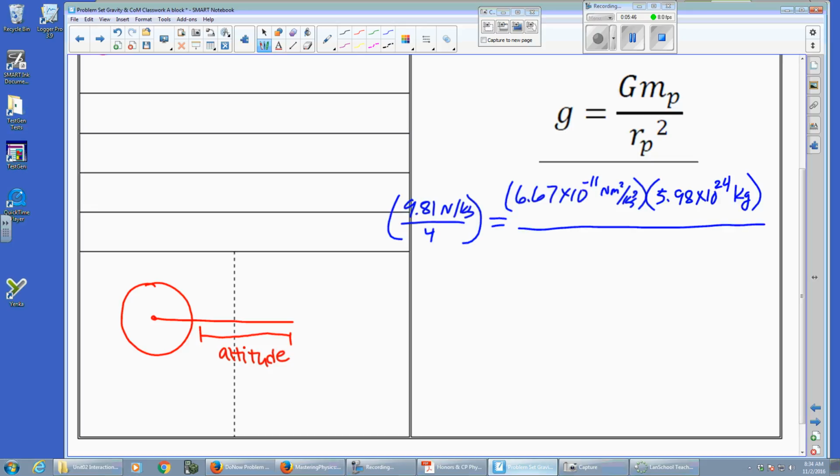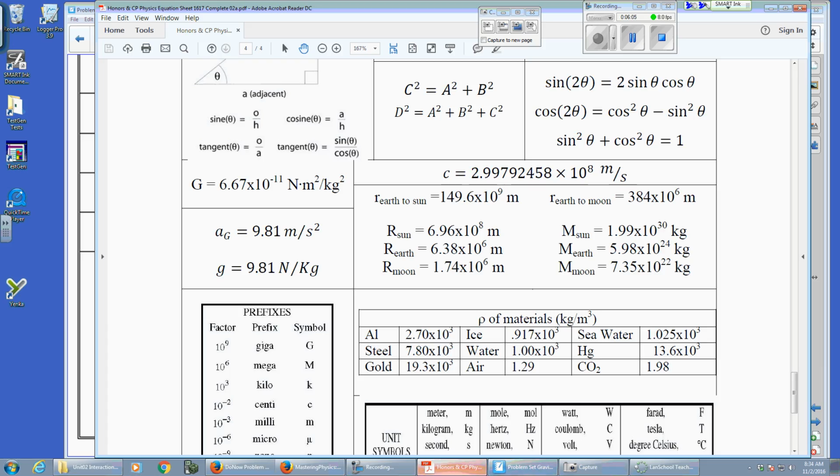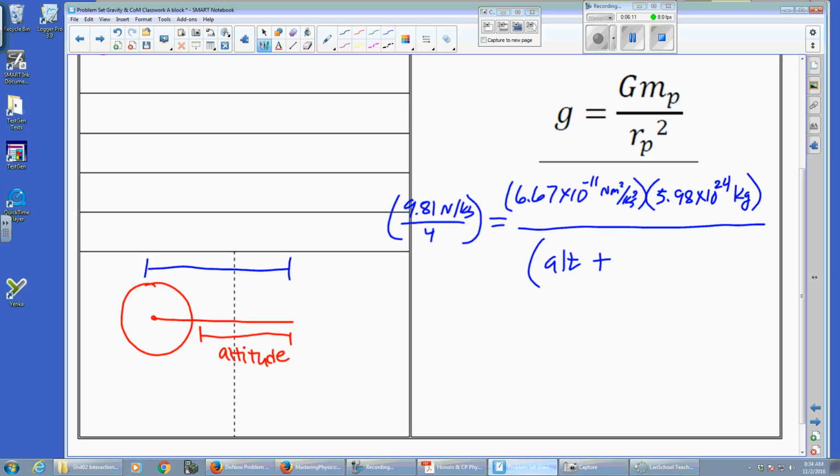I was working with a student yesterday afternoon and they kept doing that over and over again. So I'm looking for this whole distance here, which would be the altitude plus the radius of the planet. Planet's Earth. So that's 6.38 times 10 to the 6 meters. And that whole quantity is squared.